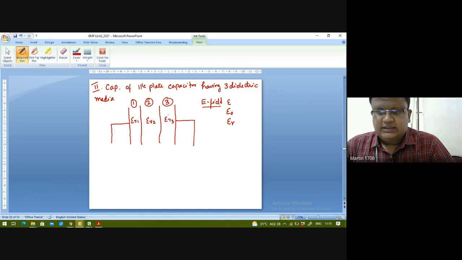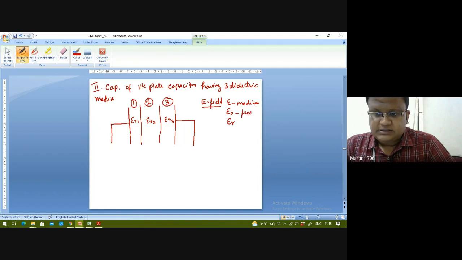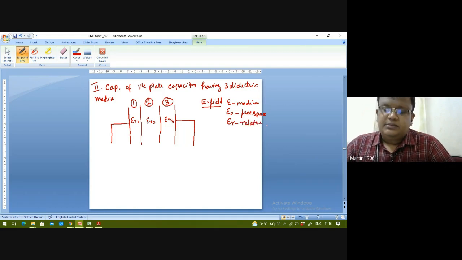So three categories are there. Epsilon is for the general medium, epsilon naught is for free space, and epsilon R is for the relative permittivity. So mostly for the dielectric materials it will come. The dielectric material is used not only in capacitors but also in some electronic gadgets.